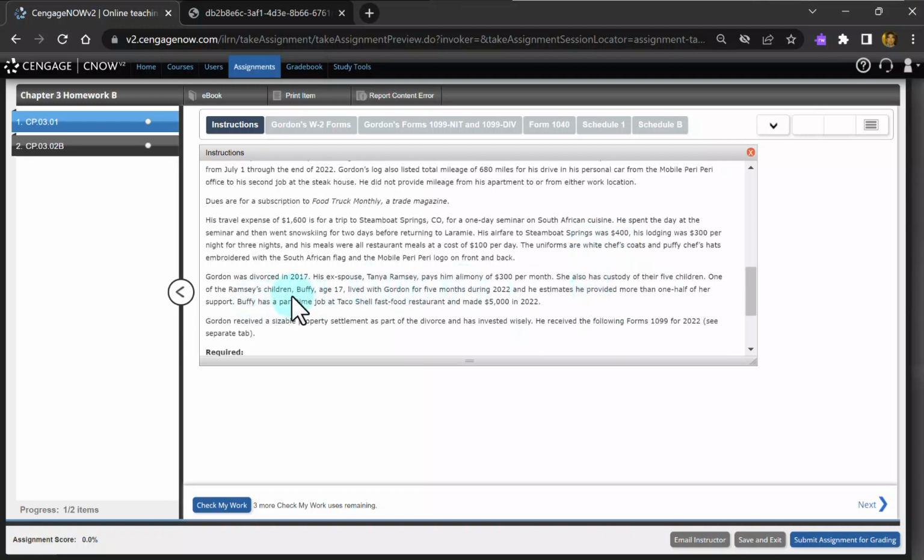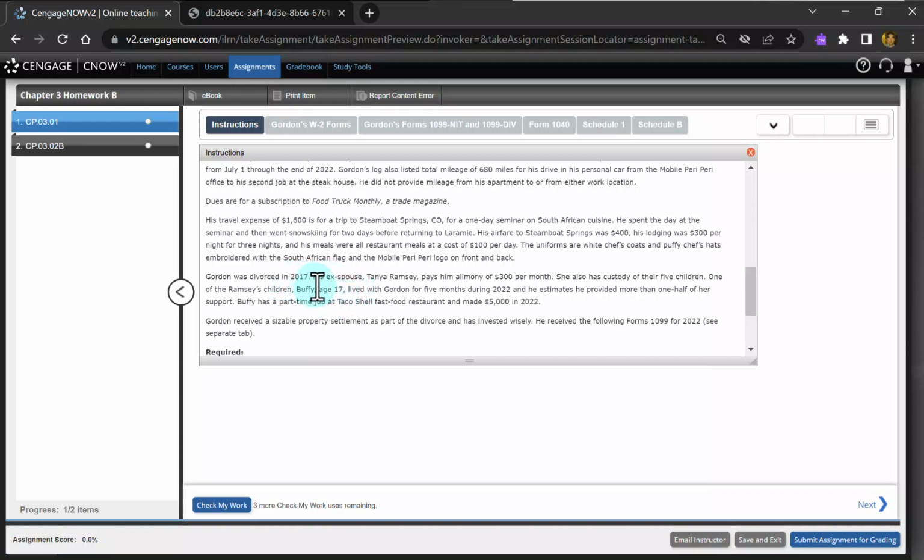Gordon was divorced back in 2017. We're not given the specific date, even though that's something we need to enter into the tax return. So we're going to assume it's January 1st, 2017, 01/01/2017.